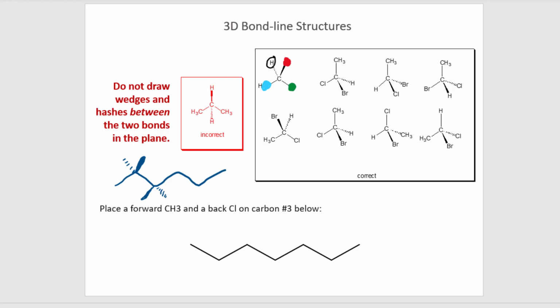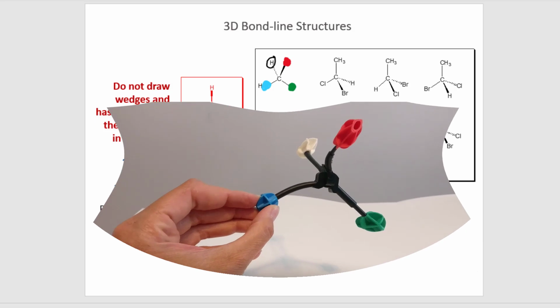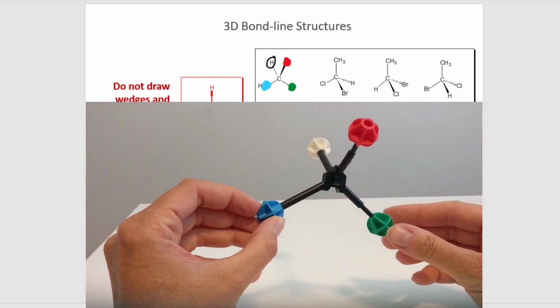I can show you three-dimensionally using a model, and I'm not going to break any bonds, but you can see that the methyl and the chlorine are in the same plane as drawn by the straight lines, and the bromine is coming out at you and the hydrogen is going back.